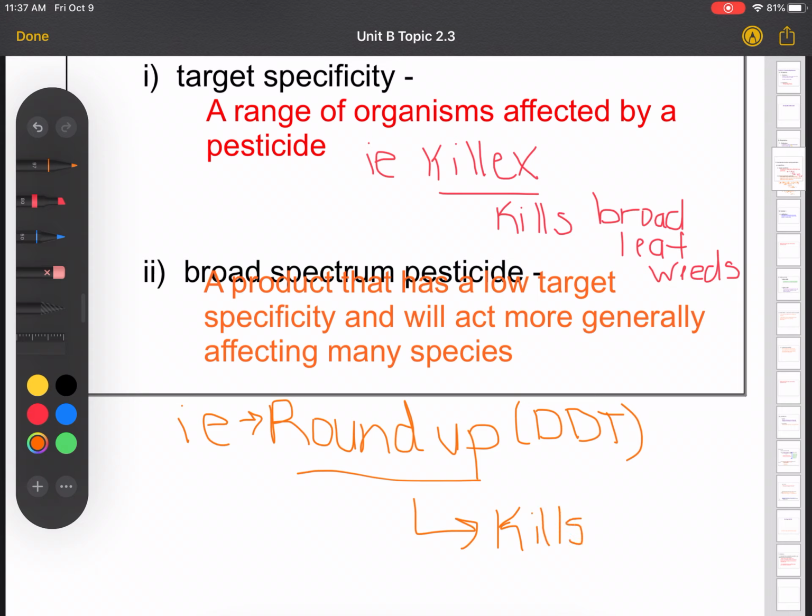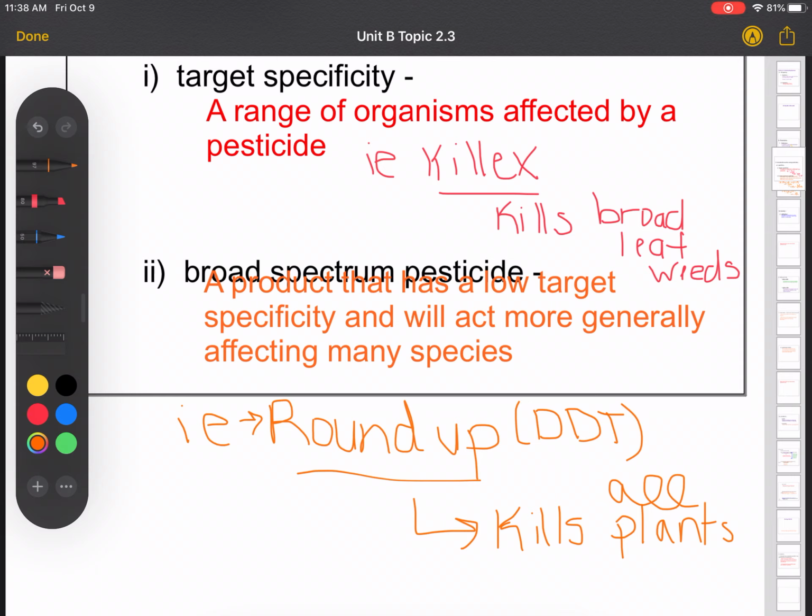It kills plants, all plants. They used this in the Vietnam War, I believe, where they would spray it. They called it Agent Orange. They sprayed it from helicopters or planes up above, and it would kill all of the leaves and all the plants in the area and expose the enemy. People have long-lasting effects of DDT. They found out it's a very terrible thing, so this is not a good thing to use on your lawn.